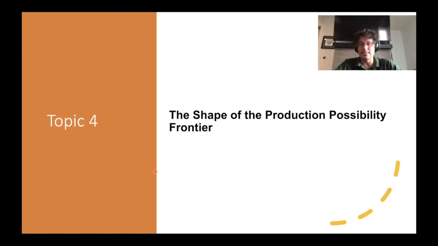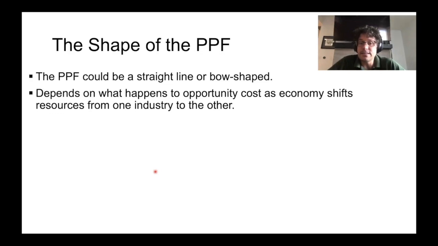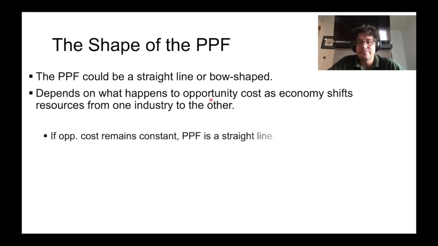So, last but not least, and you can see how rich the production possibility frontier model is, the shape of the production possibility frontier. So far we have assumed that it is a straight line, but in principle, the production possibility frontier could even be bow-shaped. It really depends on how the opportunity cost changes as the economy shifts resources from one industry to the other.